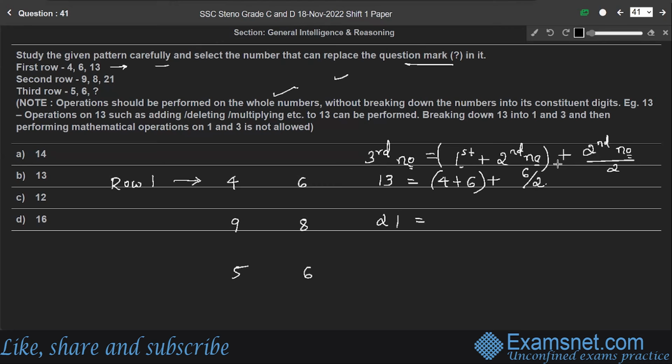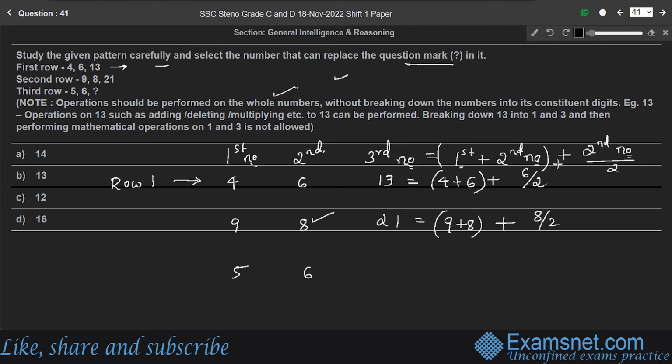Similarly, in the second row, 21 can be written as 9 plus 8 plus the second number divided by 2. The second number is 8, divided by 2. Very simple. So we'll consider the third row: first number, second number, and third number.